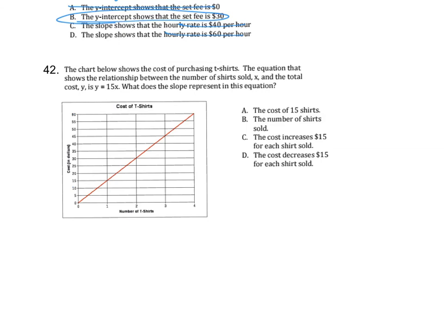One more graph for this set. The chart below shows the cost of purchasing t-shirts. The equation that shows the relationship between the number of shirts sold and the total cost, that's x and y, is y equals 15x. What does the slope represent in this equation? Well, my slope is my change in y over my change in x.